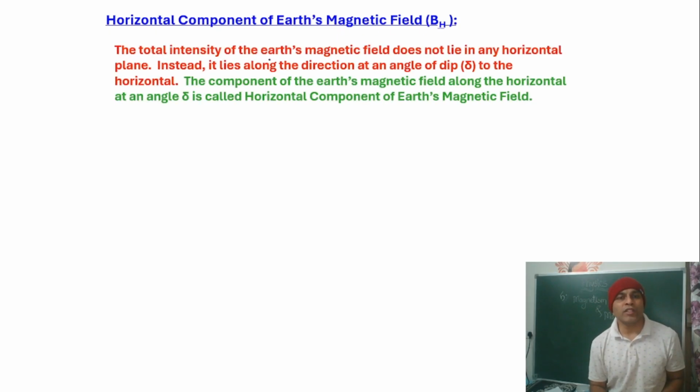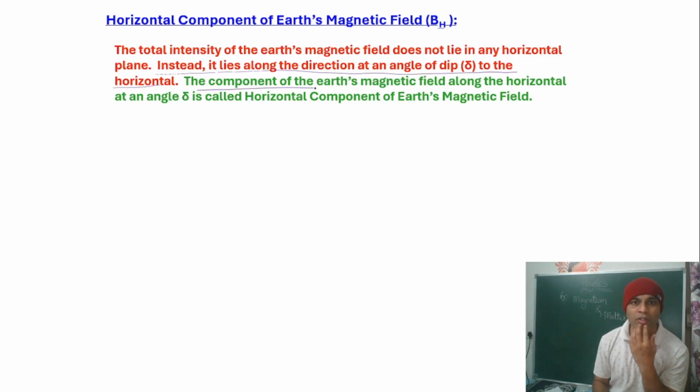The total intensity of Earth's magnetic field does not lie in any horizontal plane. Instead, it lies along the direction at an angle of delta to the horizontal.